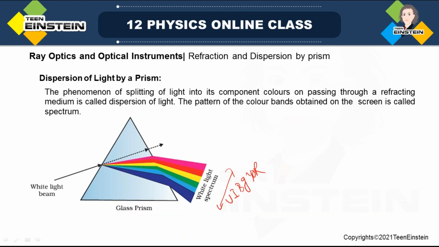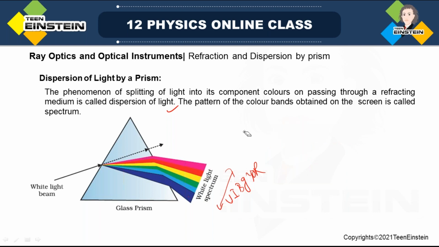Okay, so as a definition, what is dispersion of light? The phenomenon of splitting of light into its component colors on passing through a refracting medium is called dispersion. Not only a prism, you can get it with any refracting surface. If we do refraction with polychromatic light, as opposed to monochromatic, meaning only one color or one wavelength in the light, refraction through any interface will give you multiple color bands.